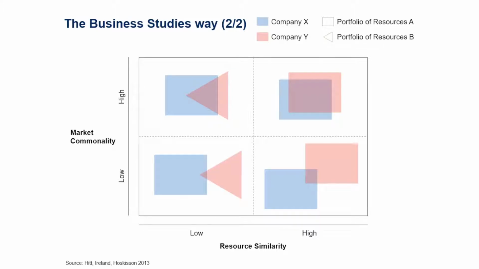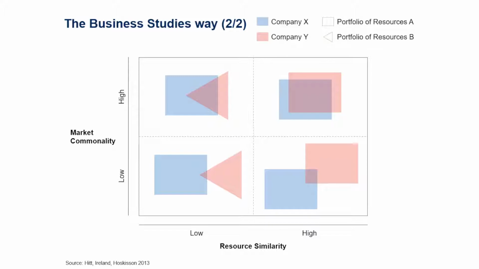And finally, this is an example where we have both low market commonality and low resource similarity. The example that comes to mind here is maybe Lotus, again, and Fuji Super, which is a Japanese supermarket that targets specifically Japanese customers. So it has Japanese speaking staff.